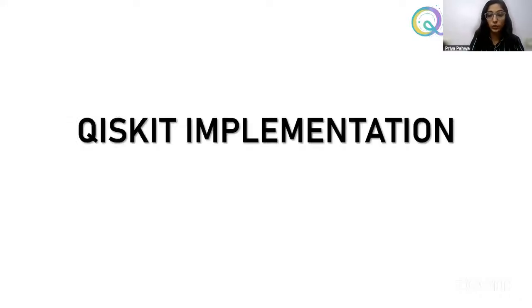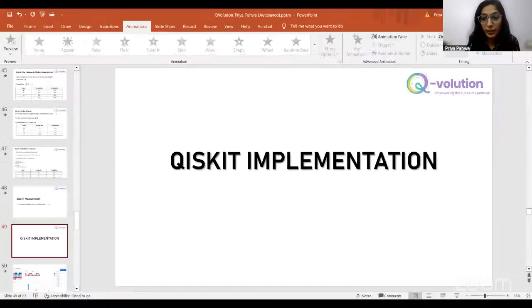Now let's look at the Qiskit implementation of the Grover algorithm. So basically, these algorithms have different oracles, as you can see. But here we will be dividing our algorithm into two parts. Yeah, here it is.